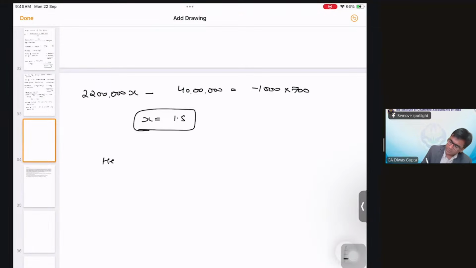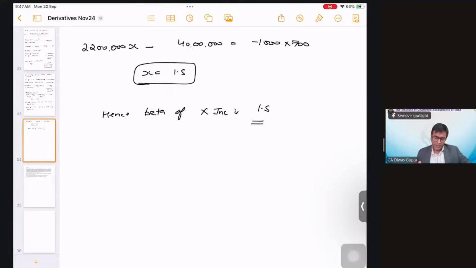So hence beta of X Inc. is 1.5 as per the facts. Clear, students?